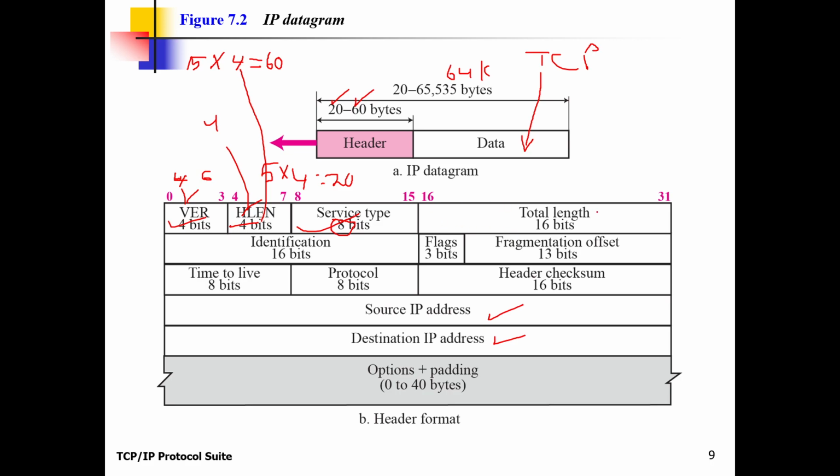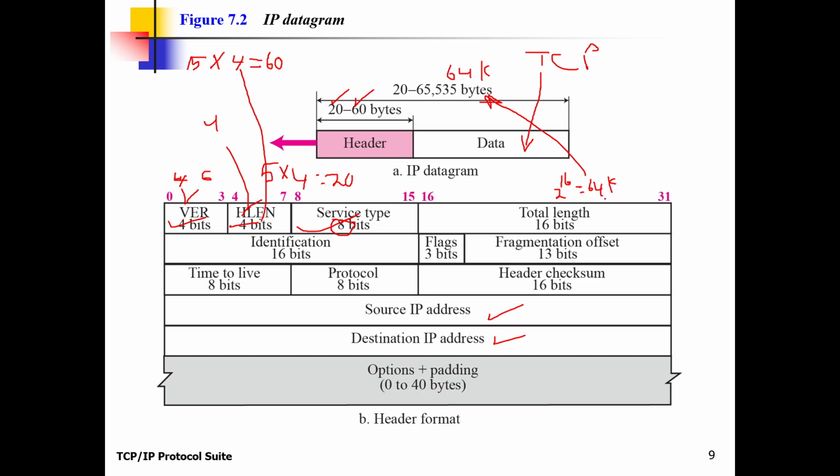So how many bits do we have? 16. So 2 to the power 16, how much? 64K. So the maximum size of the whole packet is 2 to the power 16, which equals 64K.